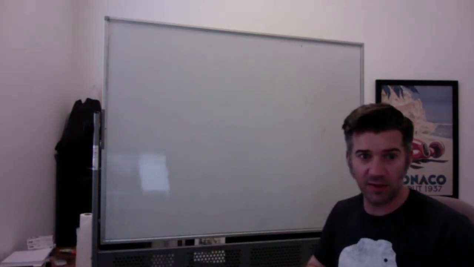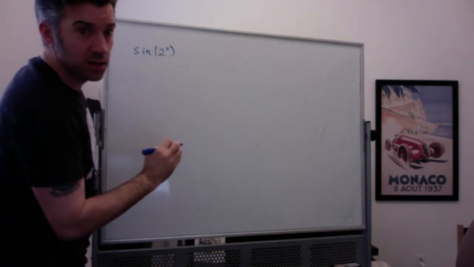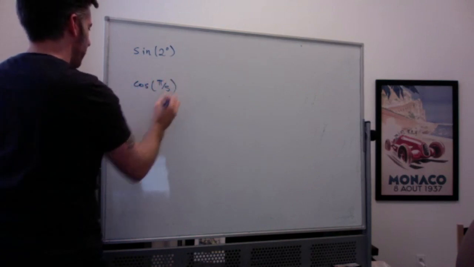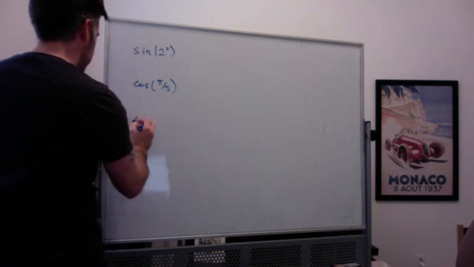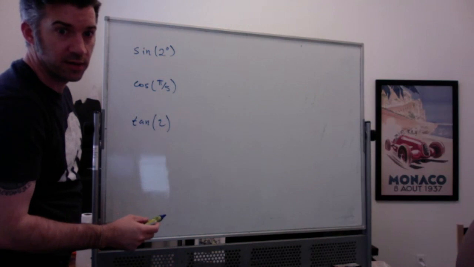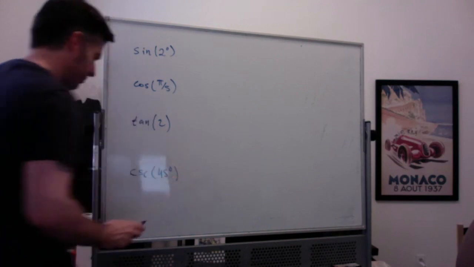So I'm going to find the following things. Let's do the following 4: sine of 2 degrees, cosine of pi over 5, tangent of 2, and cosecant of 45 degrees.